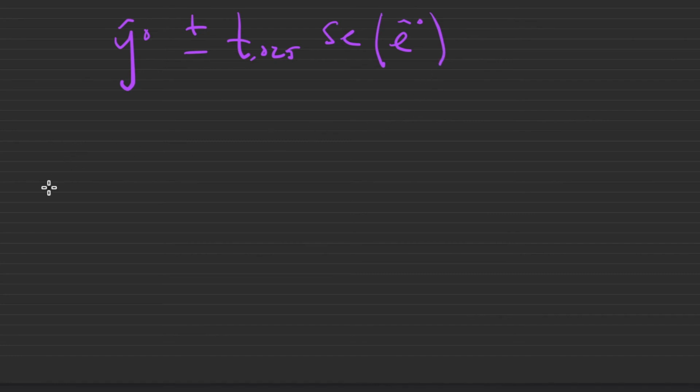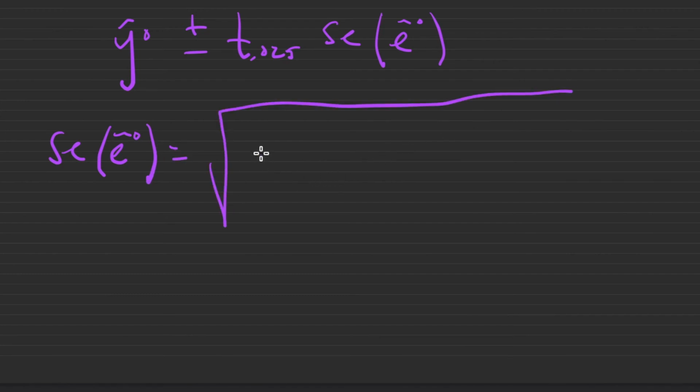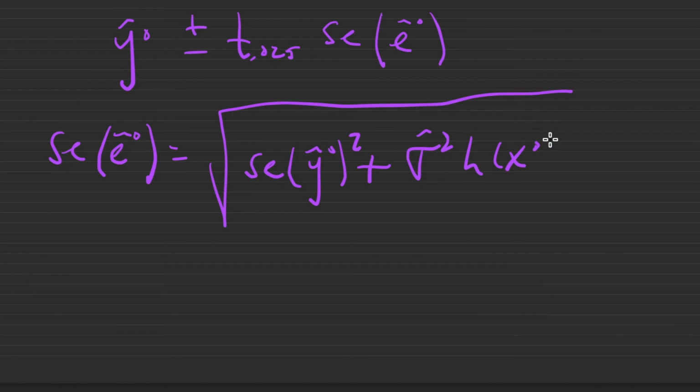That 95% prediction interval is y hat 0 plus or minus t 0.025 times the standard error of e hat 0, where the standard error of e hat 0 is equal to the square root of the standard error of y hat 0 squared plus sigma hat squared, the estimate of the error variance, times h of x0.